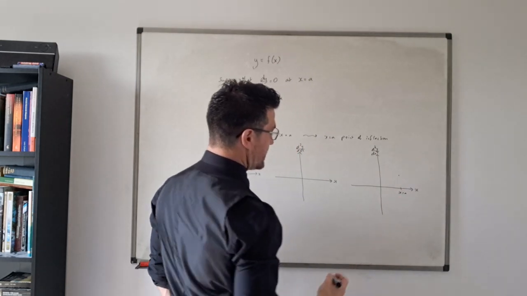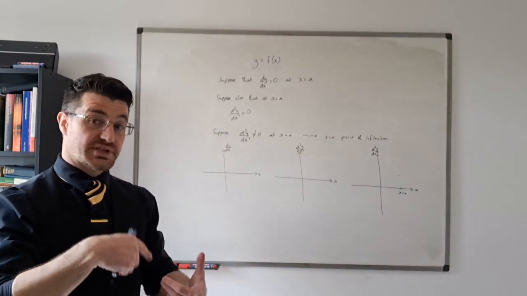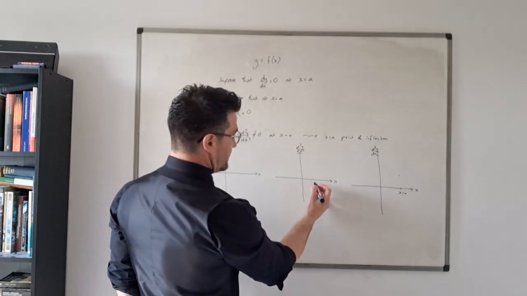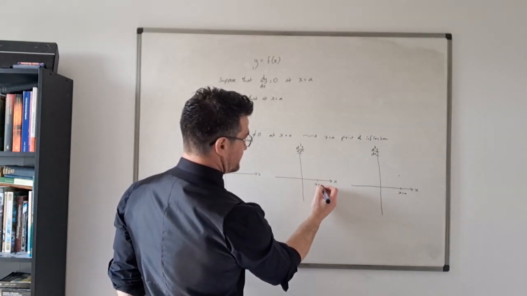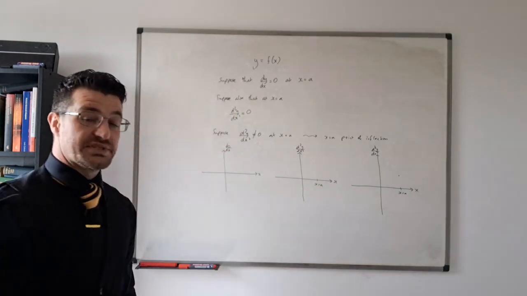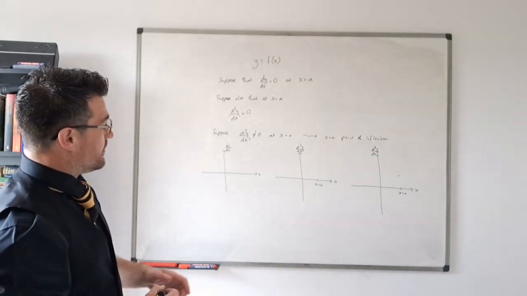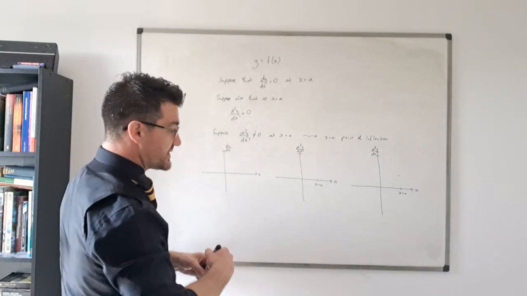So what does that mean for the second derivative? Well, we've just kind of seen, right? That means at x equals a we've got a positive gradient. We know that the value of the second derivative at x equals a is 0, but we've got a positive gradient there.